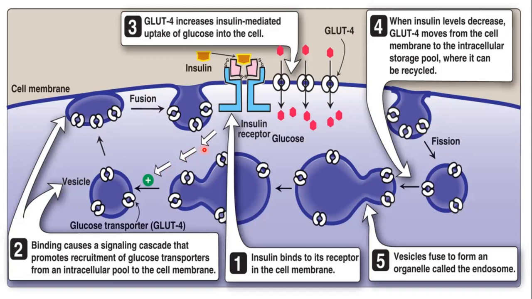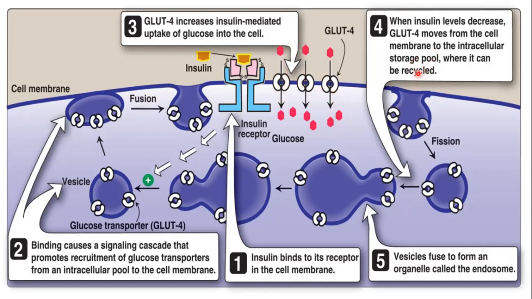PIP3 will then start a signaling cascade until protein kinase B is activated, and this will lead to the movement of the glucose transporter GLUT4 from the intracellular pool towards the cell's membrane. Once in the cell membrane, there will be increased uptake of glucose.